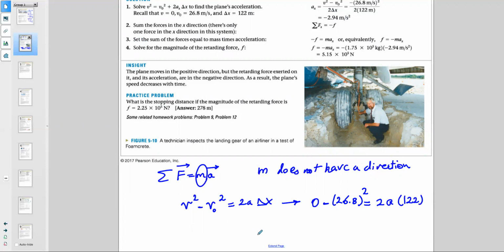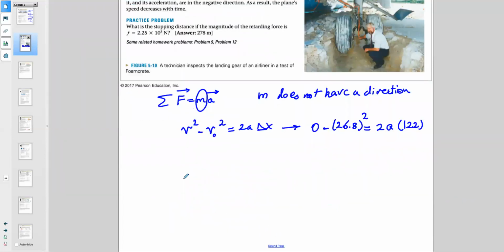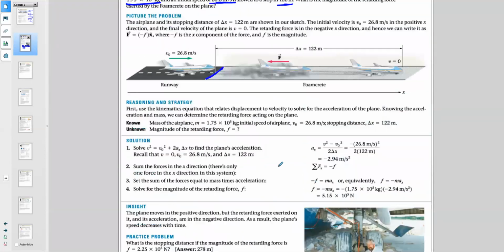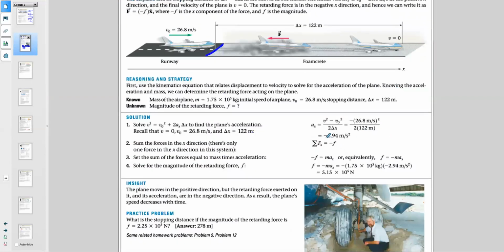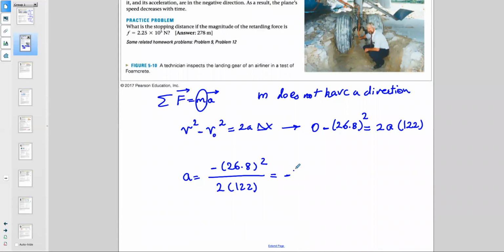So I can find a with very simple calculations: negative 26.8 squared over 2 times 122 gives me negative 2.94 meters per second squared.